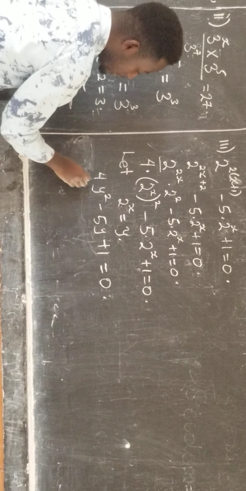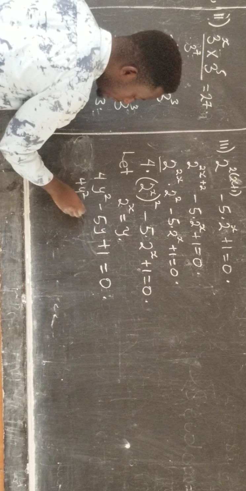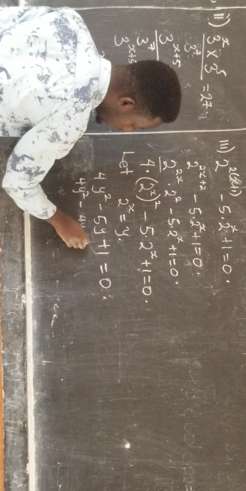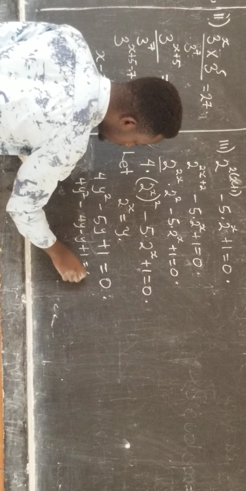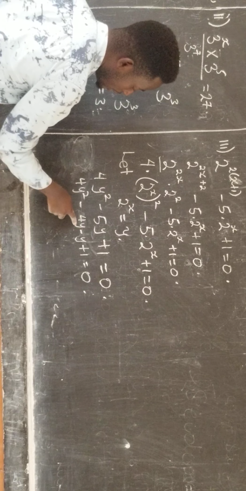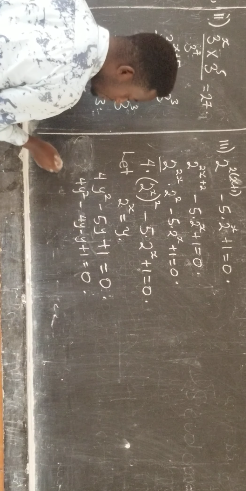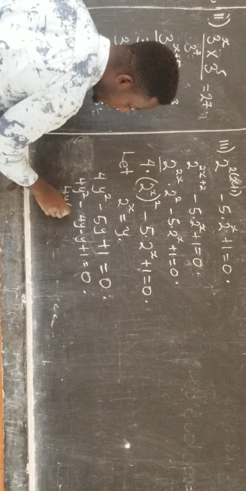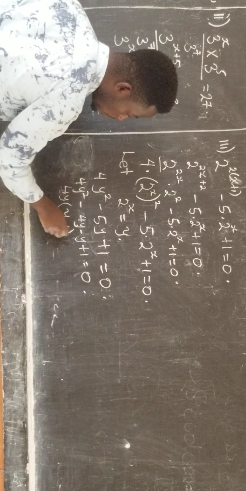So this one is going to become 4y squared minus 4y minus y plus 1 is equal to 0. If I factorize, this will become 4y into (y minus 1), and here remaining minus 1.